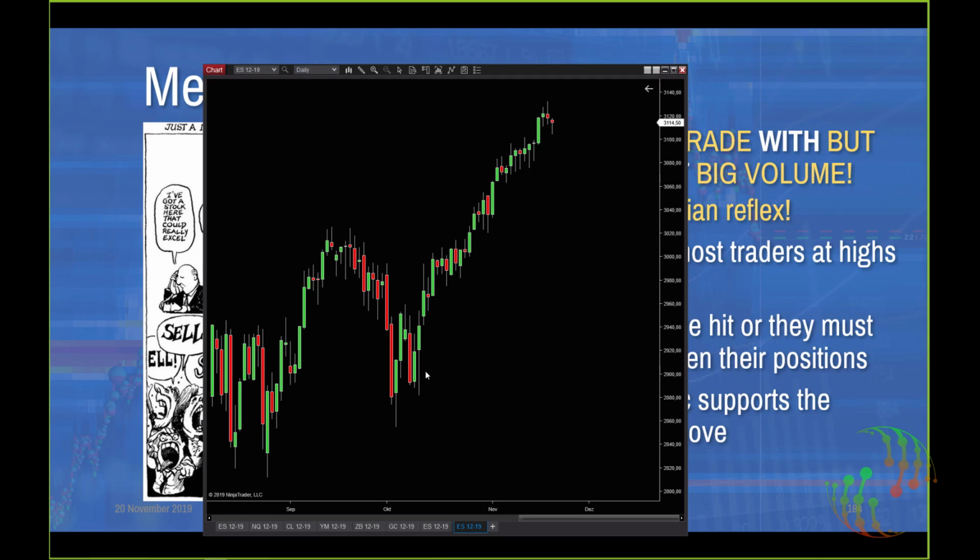It's always the same mechanism. When we have pullbacks, it's more likely that it's going up, up, up. You should have a look at different markets to see whether they are exaggerated at this specific moment.